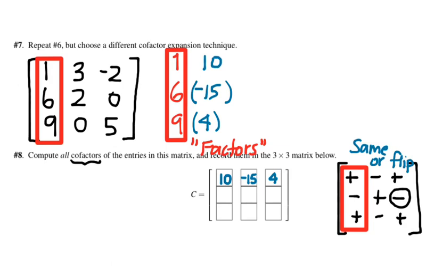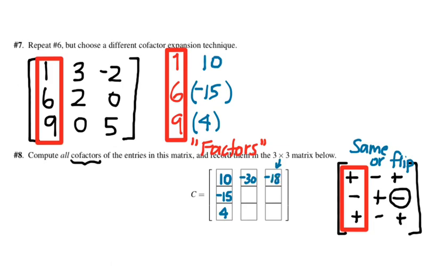Sorry, let me fix that. We were going down the first column, so those cofactors belong in the first column. There we go. That makes me feel better. And then finding the cofactors of everything else. What did you get going across the top row? So first row, second column? Negative 30. How about first row, third column?